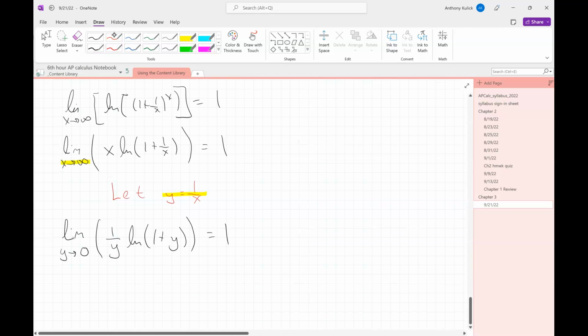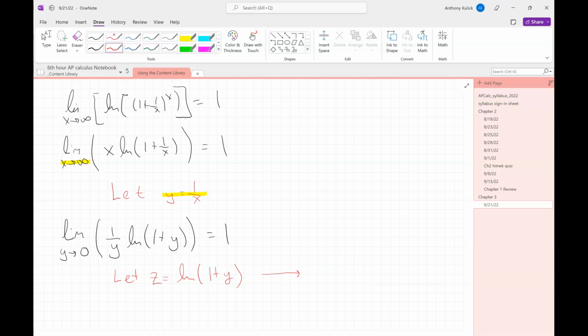Okay. So there's that. Mr. Kulik's going to do another change of variable now. I'm going to say that z is going to equal the natural log of 1 plus y.